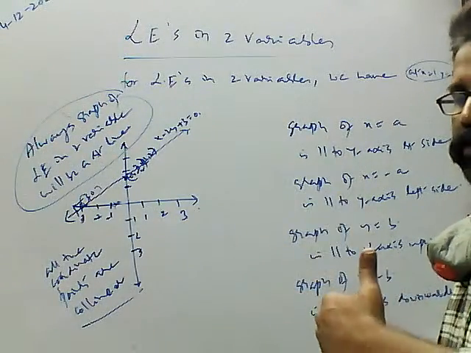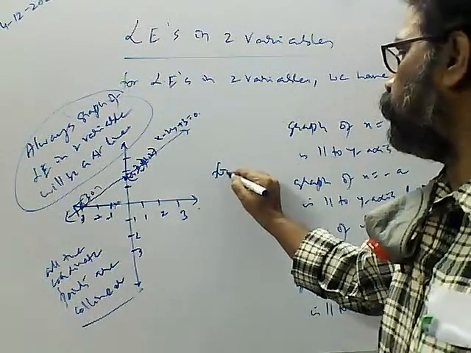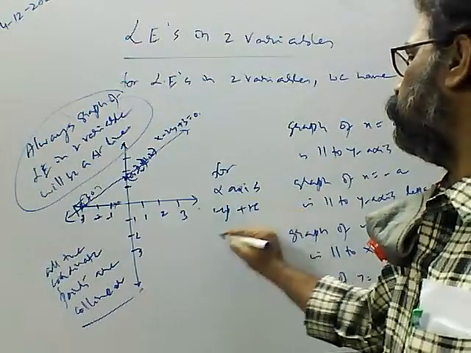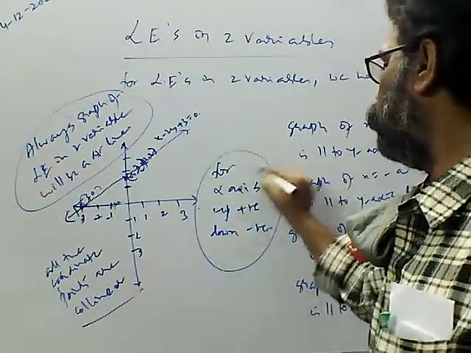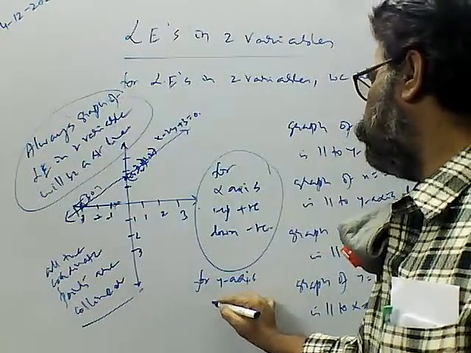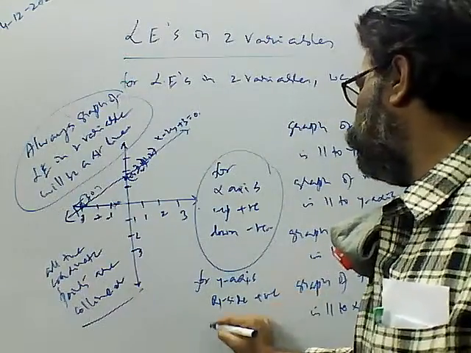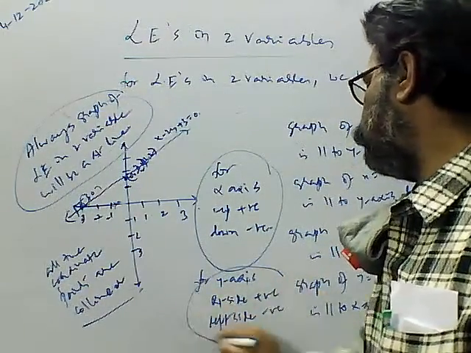Okay, so y is equal to minus b is parallel to x-axis. For x-axis, up and down; for y-axis, left and right. So for the y direction, up is positive, down is negative. Again for the x direction, right side is positive, left side negative.